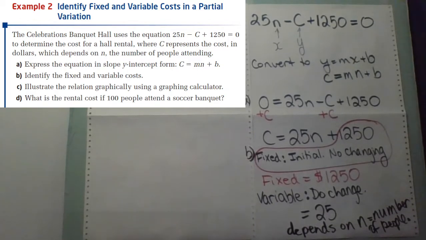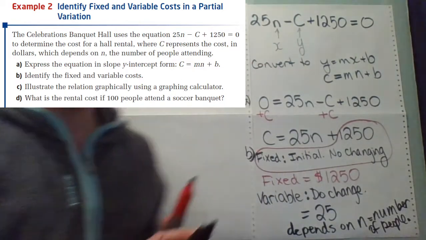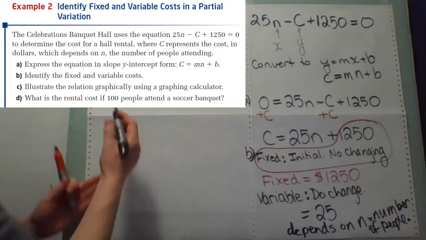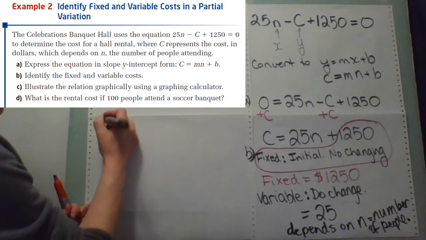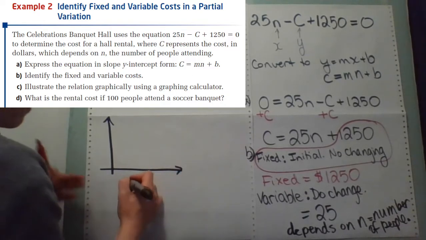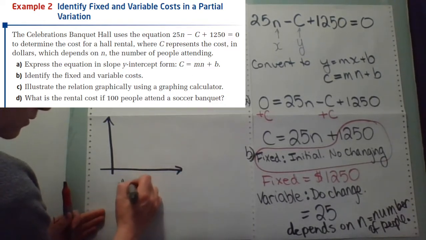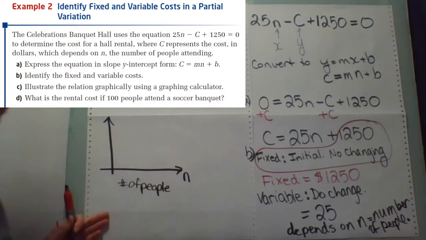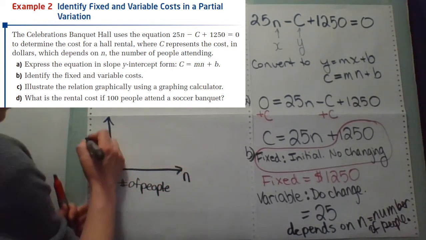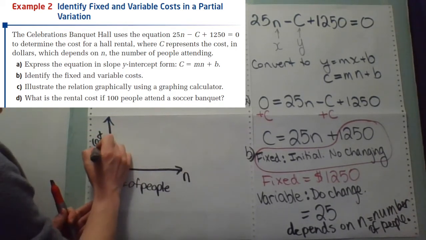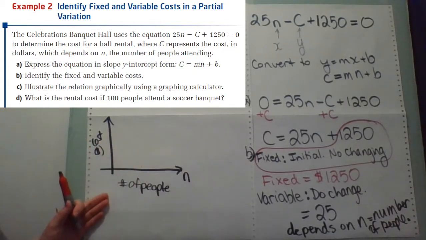Okay. Illustrate the equation graphically using a graphing calculator. So we'll do that in a minute, but let's just eyeball this and think our way through here. A graph of this, we know I'm going to have my number of people down below. So N is going to be on my x-axis. We have our cost is over here on my y-axis, so that'll be in dollars.